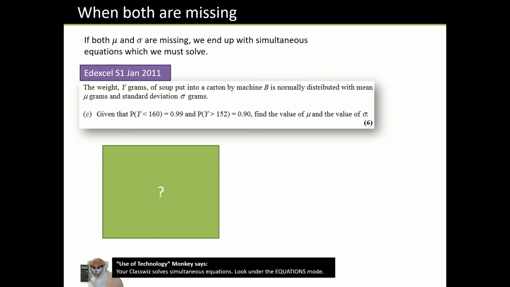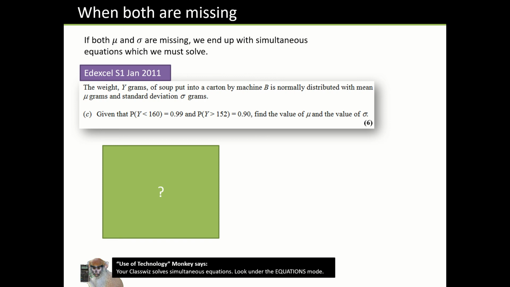And it tells us that the weight of Y grams of soup can be put into a carton by a machine B is normally distributed with a mean of mu grams and a standard deviation of sigma grams. Given that the probability that Y is less than 160 is 99%, and the probability that y is greater than 152 is 90%, find the value of mu and sigma.